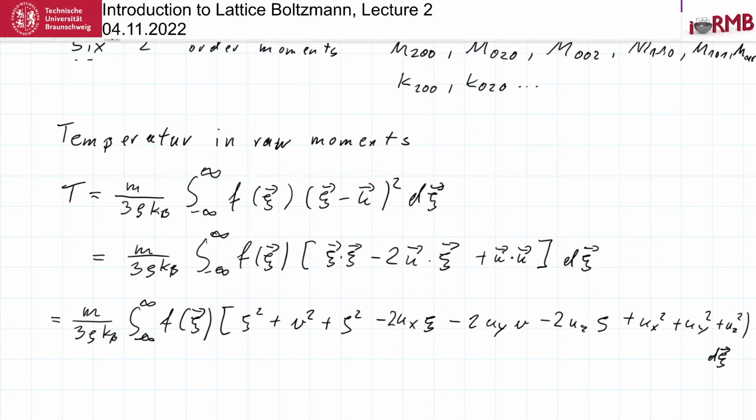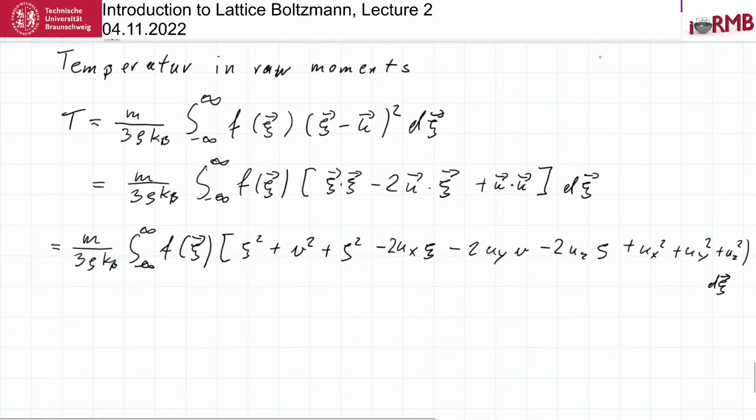Okay, so the important thing why we are doing this is to see that the xi, the Greek variables, are the ones that we integrate over, and the Latin ones, the velocity ux and so on, are the ones that we do not integrate over. They are constant for this purpose here. And if we do the integration, what comes out, this here is a second moment, this is a second moment, this gives a second moment, and this thing here gives first moments, right?